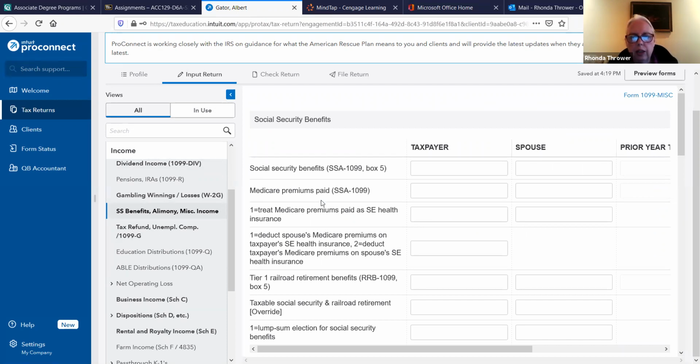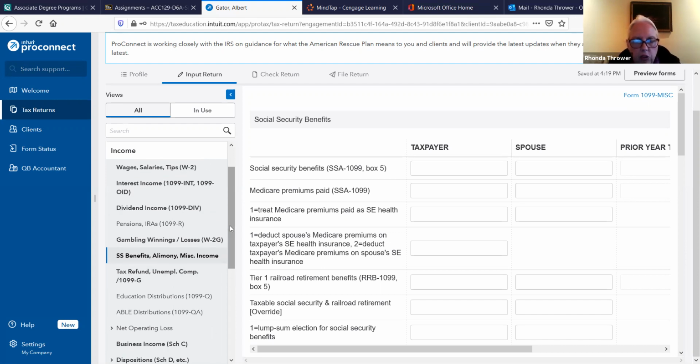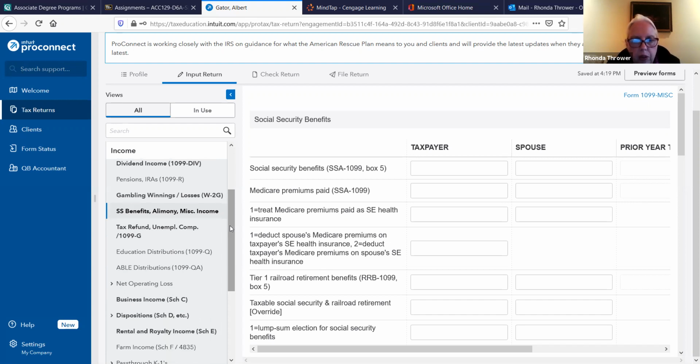No, I don't see anything that relates to that. So what we need to look for is Schedule D. That's where we're going to record our transactions for the sale of our investments, our stock investments. So look down through here till you see something about Schedule D right here.